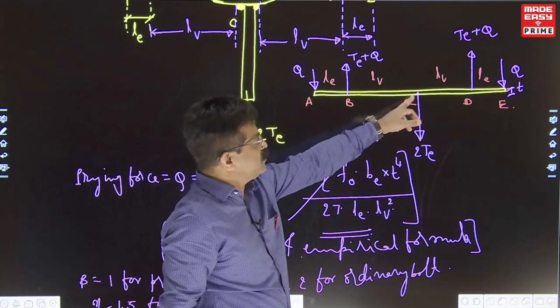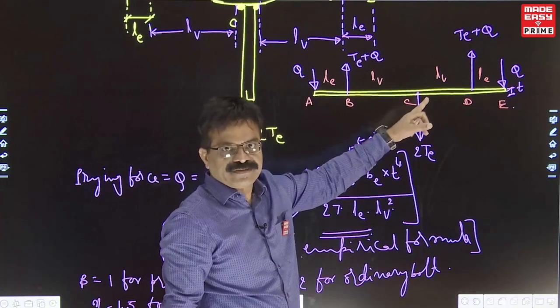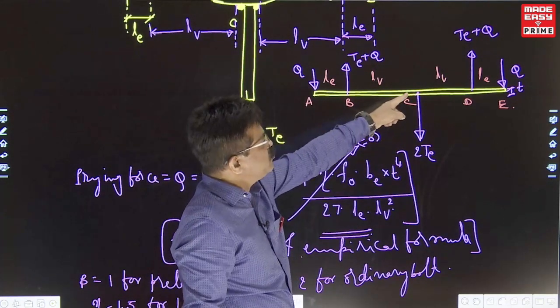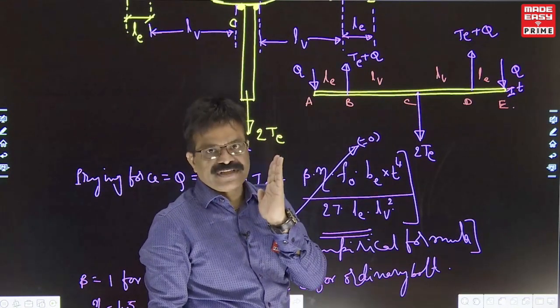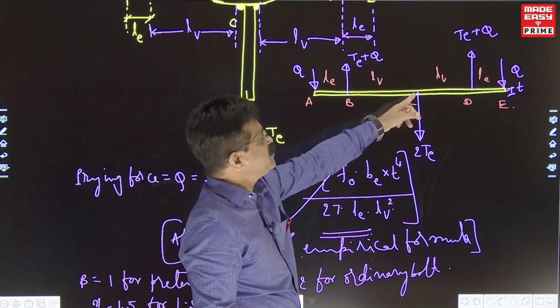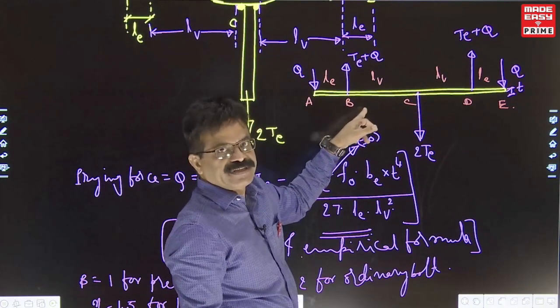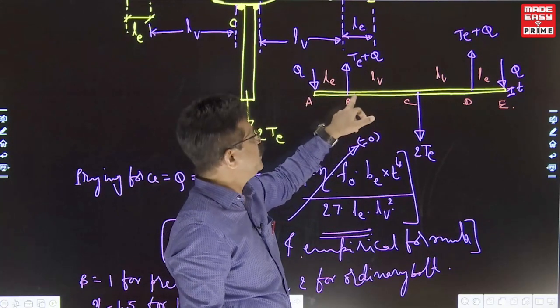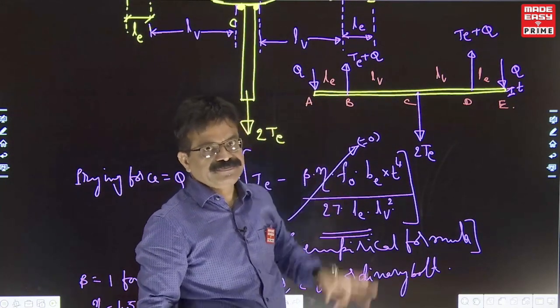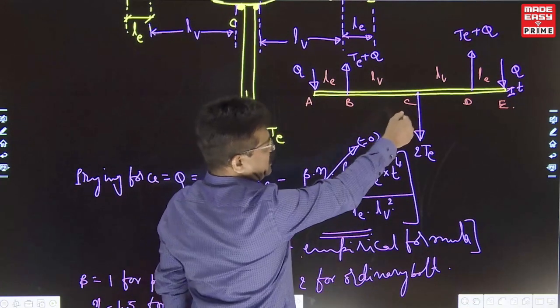If the plastic hinge forms at C, we have to check that. What is the moment capacity at C you have to see. You will find that moment capacity at C and at B are the same, and applied bending moment at B and C are also the same. Okay, we will see why they will be equal.